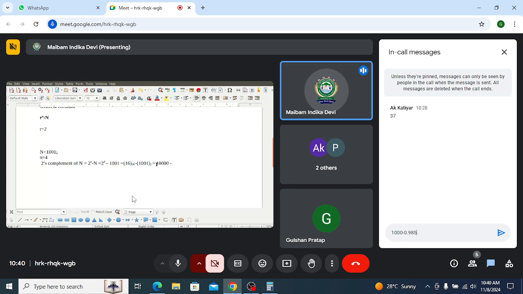Four zeros, then one. Right. So you will subtract now, and whatever value you get out here, that will be the two's complement of this n.